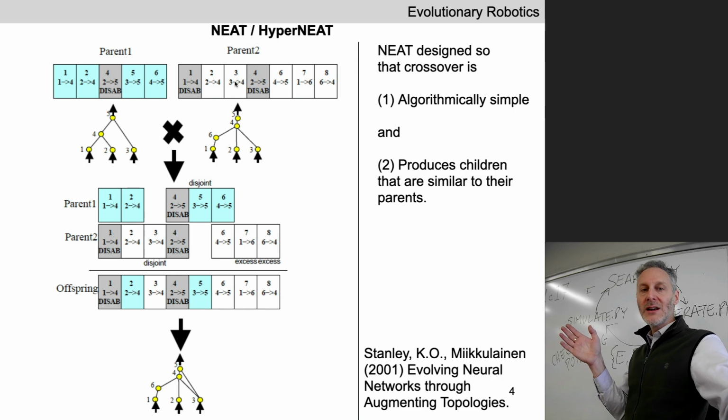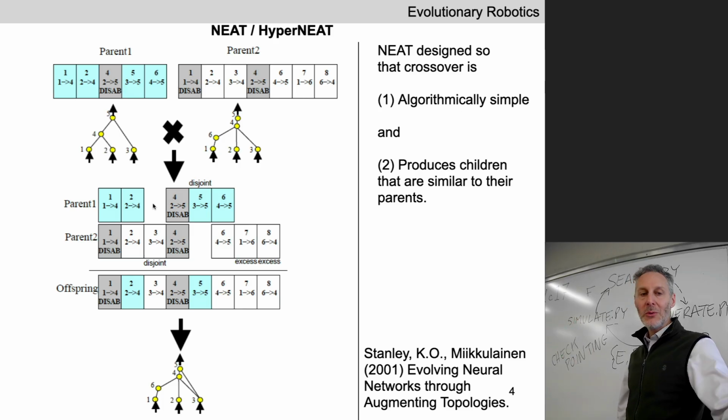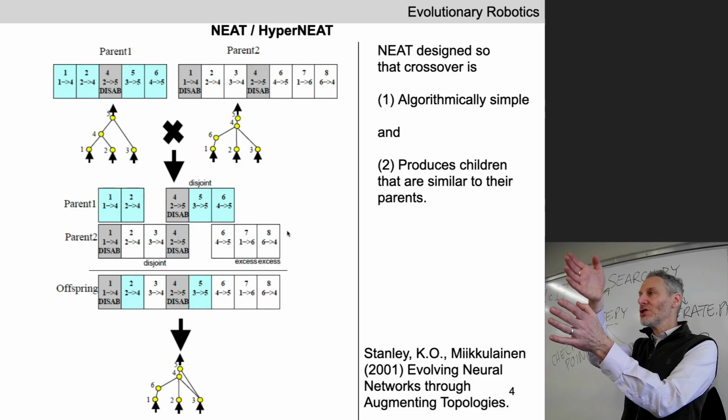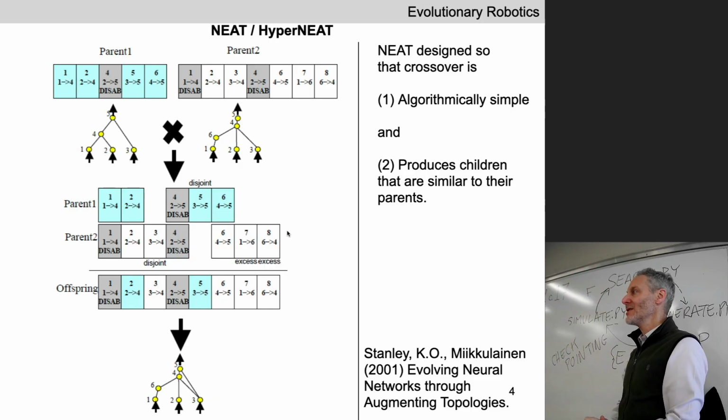So we found a particular synapse inside parent 2 that we put down here, and this particular synapse has no analog in parent 1. So we leave a little bit of a gap. We go on to innovation number 4, and we continue. We're taking the genetic material from both parents, and we're lining it up in this way.